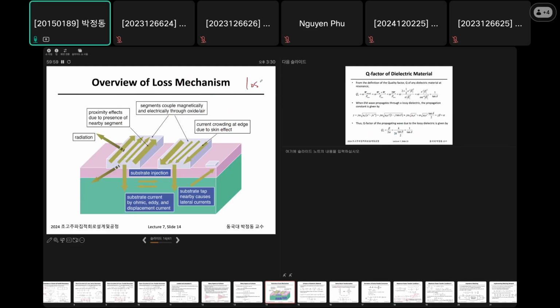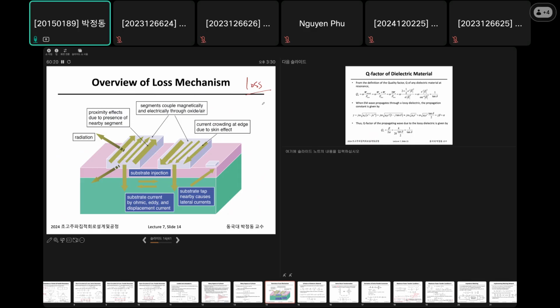So we need to understand the loss mechanisms of a typical integrated circuit. This represents several loss mechanisms that can happen in the integrated circuit.